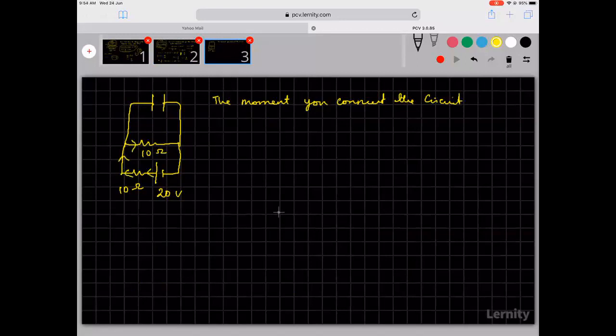Then the charge on the capacitor increases till it is fully charged.